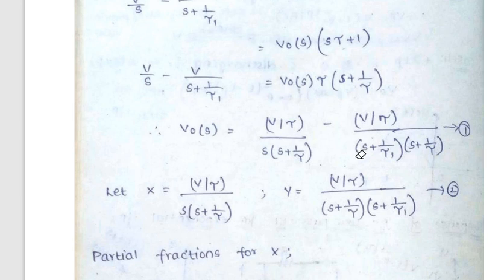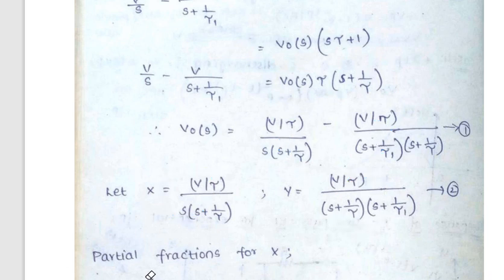Now, for simplicity, partial fractions are applied and the expression is divided into two parts, the first part and the second part. That means we apply partial fractions separately for simplification. The first partial fraction expression is taken as x, and the next is taken as y.